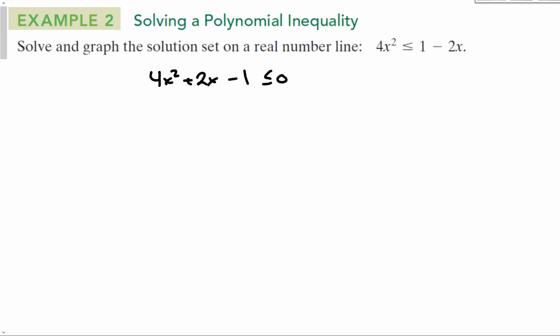So I'm going to have to use the quadratic formula. We know that a is equal to 4, b is equal to 2, c is equal to negative 1. So we get that my two zeros are negative b plus or minus the square root of b squared minus 4 times a times c.